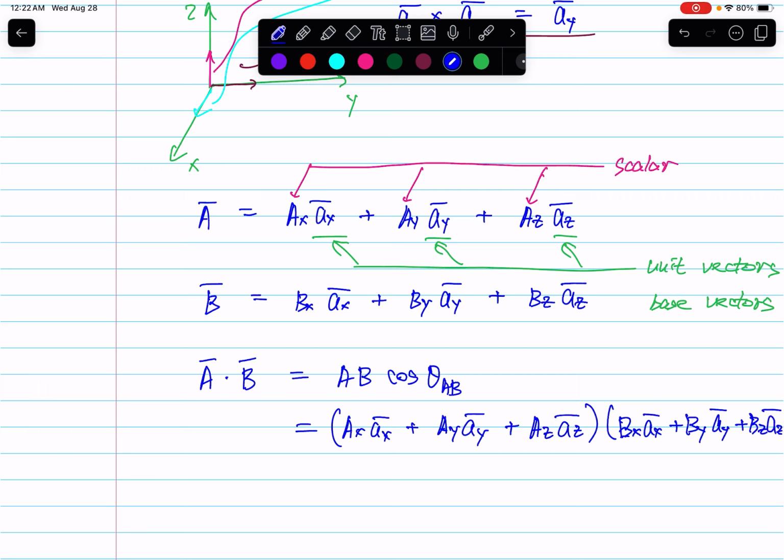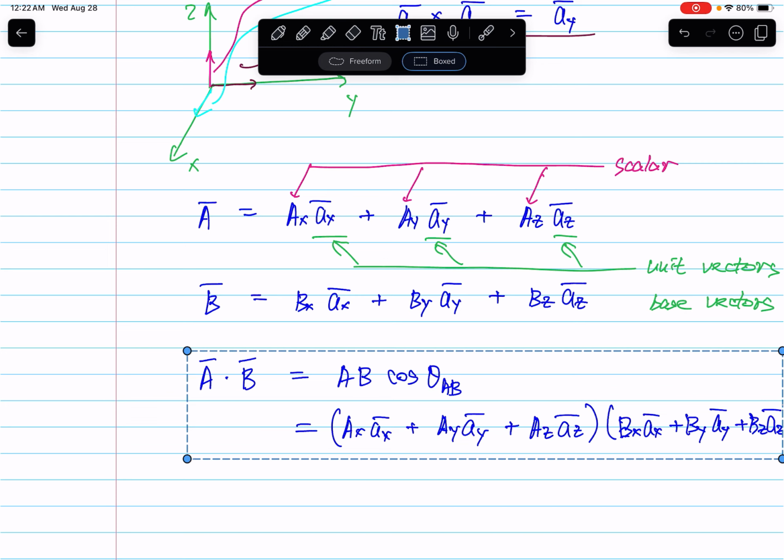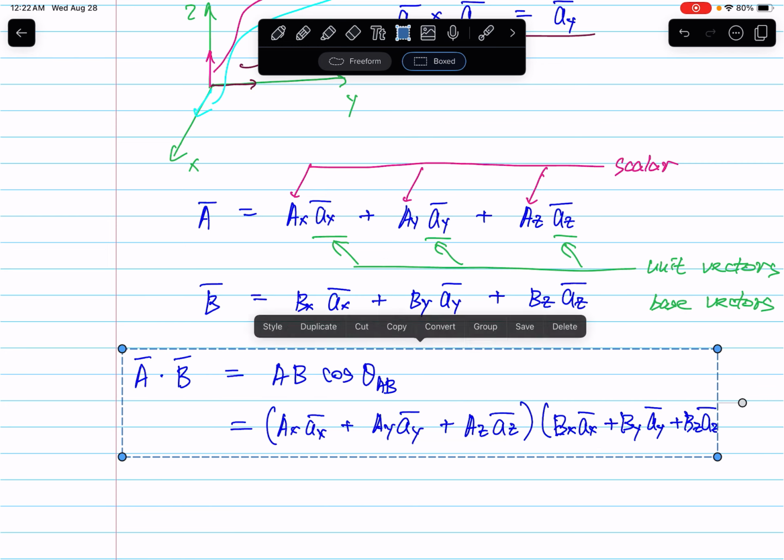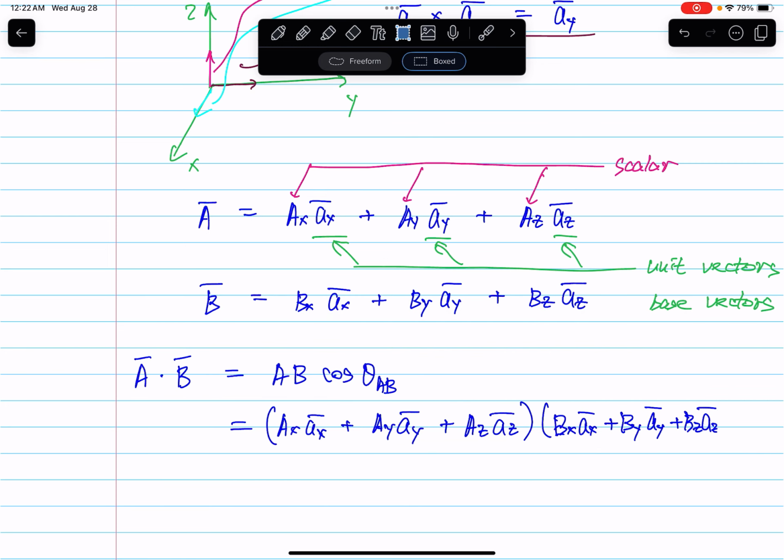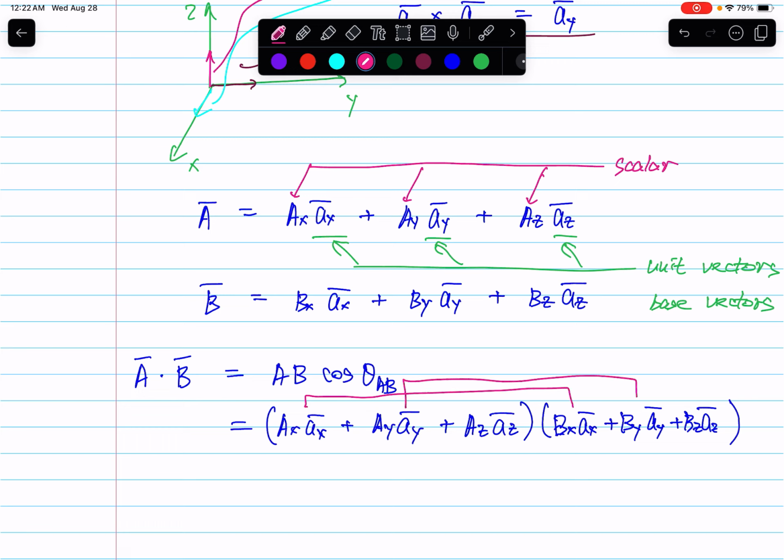Let me just move this over. It'll be like that. And the result will simply be multiplying like this, multiplying like this, multiplying like this.